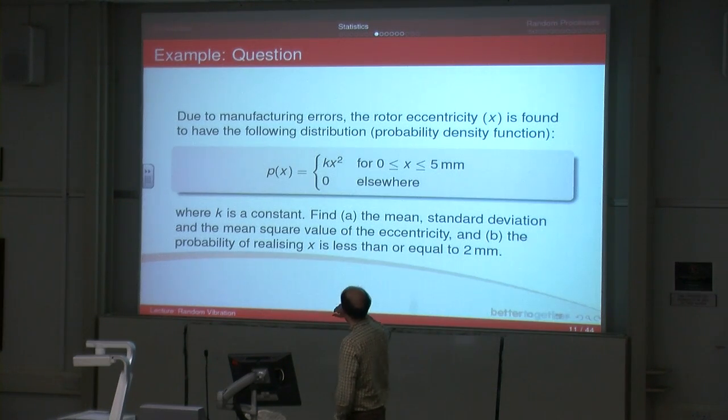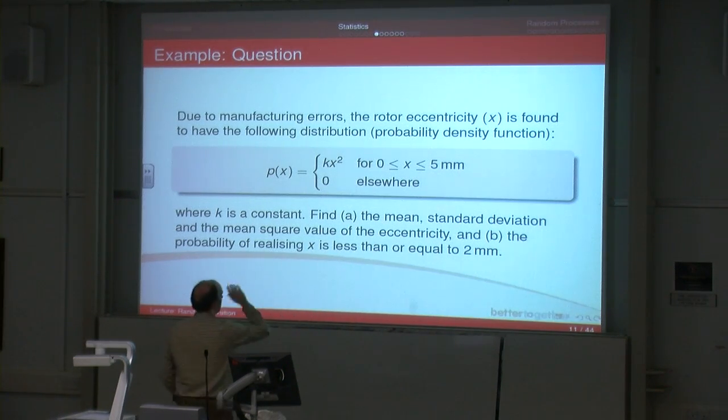K we're going to determine, it's some constant, and between 0 and 5 millimeters, the eccentricity is going to be somewhere in there. It says find A, the mean, standard deviation and the mean square value of the eccentricity, and B, the probability of realizing x is less than or equal to 2.